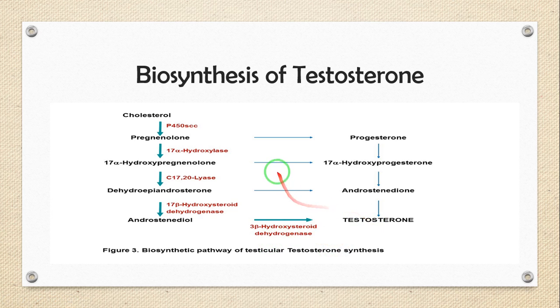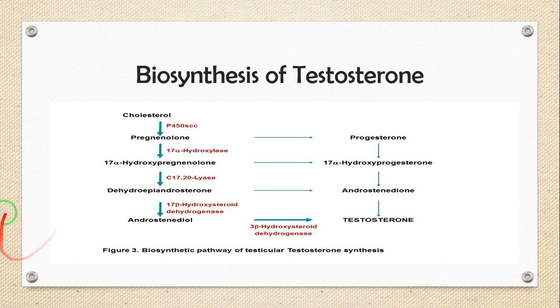This is the main source of the production of testosterone in the human male. Deficiency of any of these enzymes may lead to a decrease in the product in the next step and accumulation of the substrate in the previous step, and this will lead to an alternative pathway that will lead to a different product.